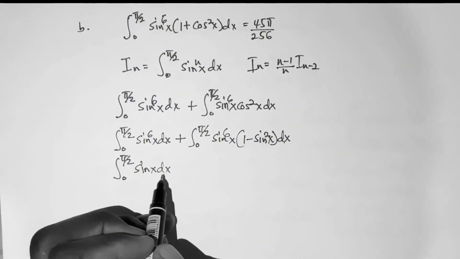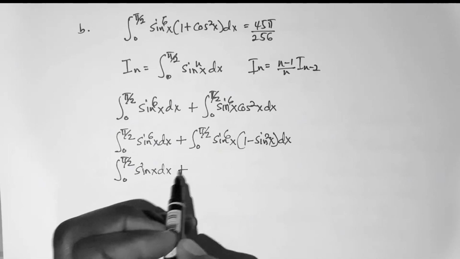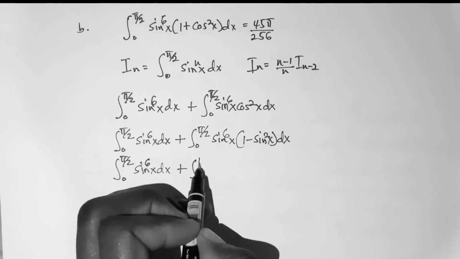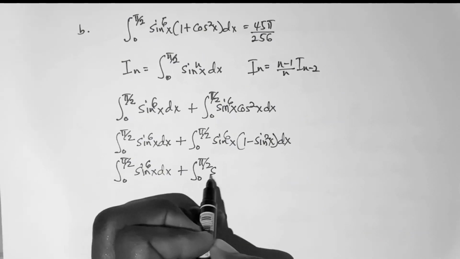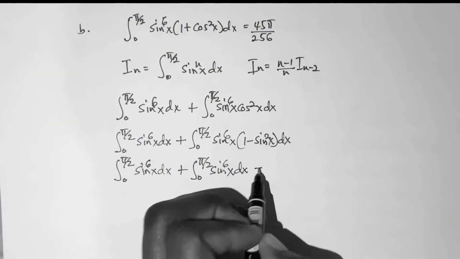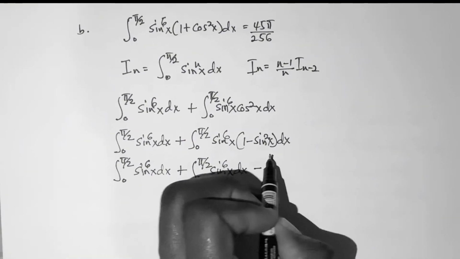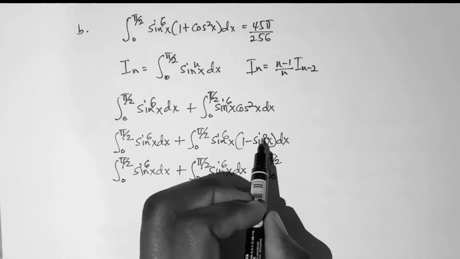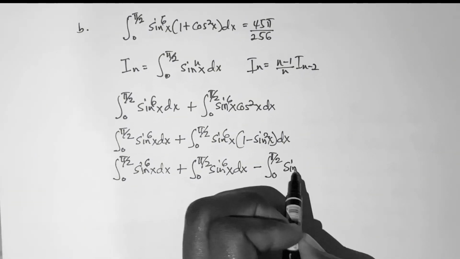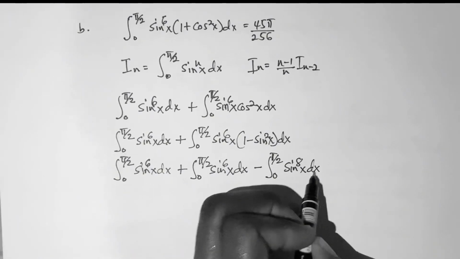Then let's break this integral into 2: the integral of sin^6 x dx, minus the integral from 0 to pi/2 of sin^6 x times sin^2 x, so we will get sin^8 x dx.